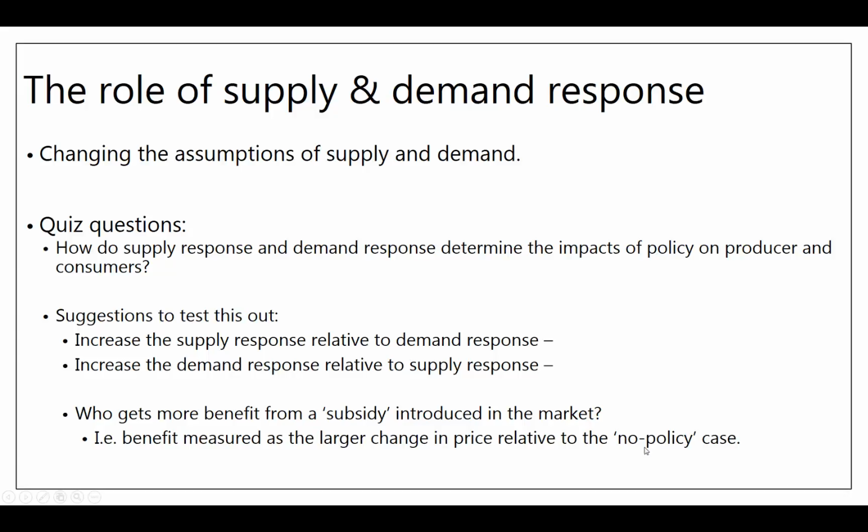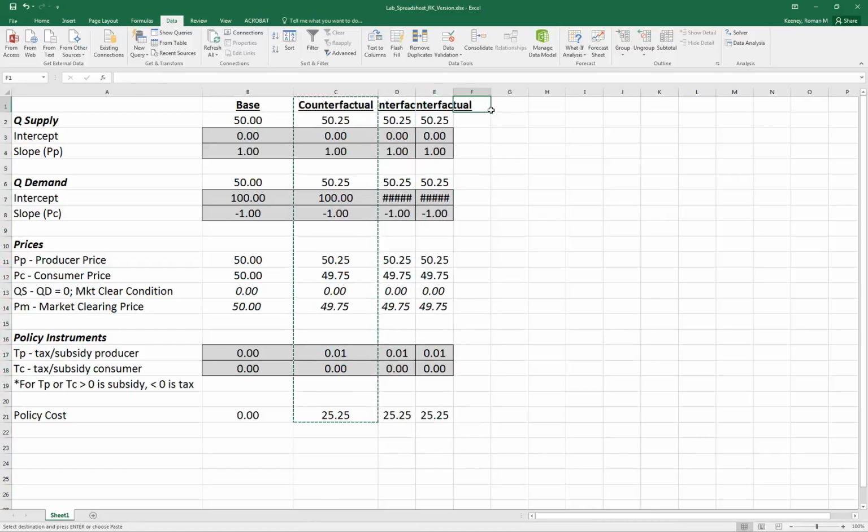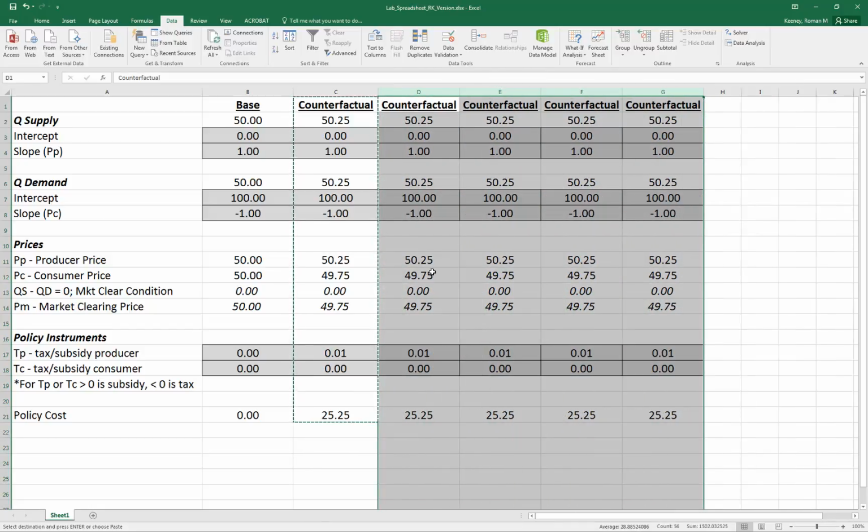Okay, so with that, let's first of all, if you wanted to run all the scenarios that were asked of you, the easiest thing to do might be to copy that 4 times.